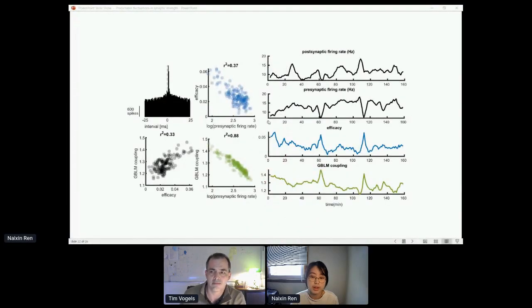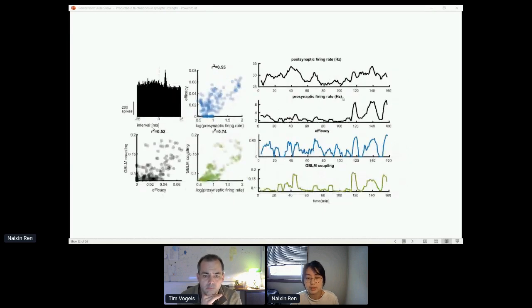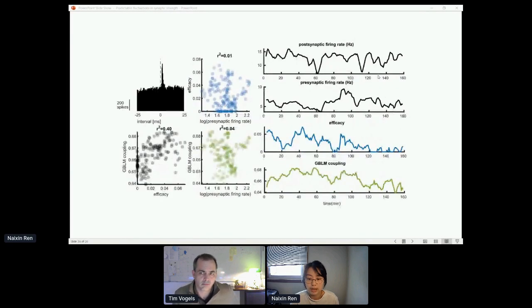So for this one, I plot the postsynaptic firing rate here. This is a case where you don't see any clear linear relationship between efficacy and postsynaptic firing rate. And like this one too, you don't see any clear relationship between postsynaptic firing rate and efficacy. And also this one, you don't see any clear relationship. So I think for some of the synapses, postsynaptic firing rate is not affecting the efficacy a lot.